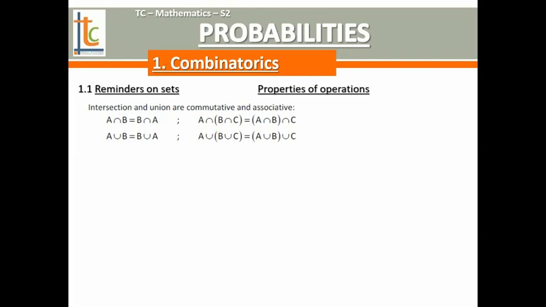So let's make a scheme of 3 sets that intersect. Let's say A is the blue one, B is the yellow one, and C is the pink one.